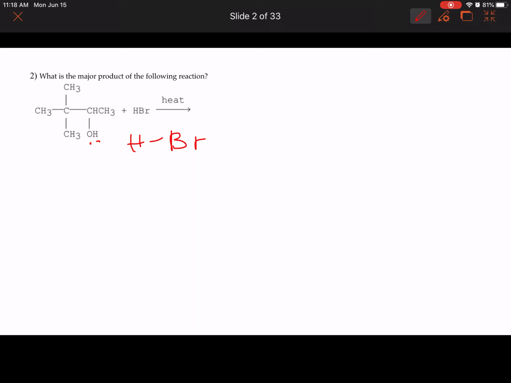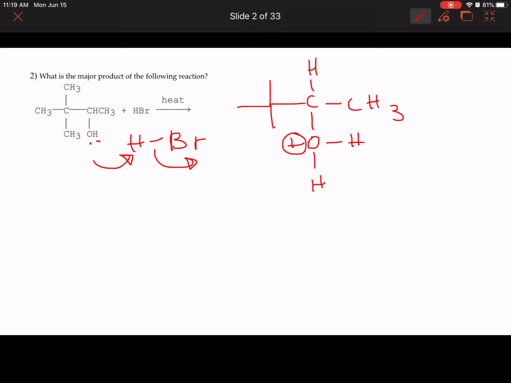One of the lone pairs of the oxygen grabs the hydrogen, leaving bromide, so you have methyl groups and a carbon here and CH3, and then a hydrogen there, and this oxygen will be protonated. Oxygen with 3 bonds will have a formal charge of +1, and then the Br minus.